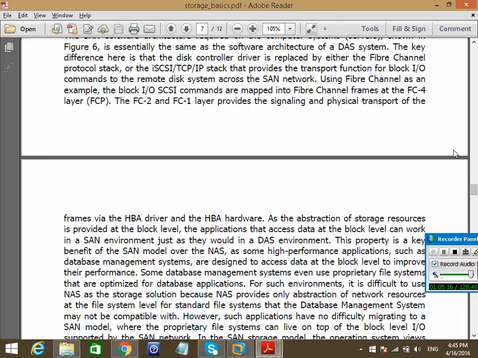I would suggest you have a bird's eye view. When you have a bird's eye view, first you understand the general terms.